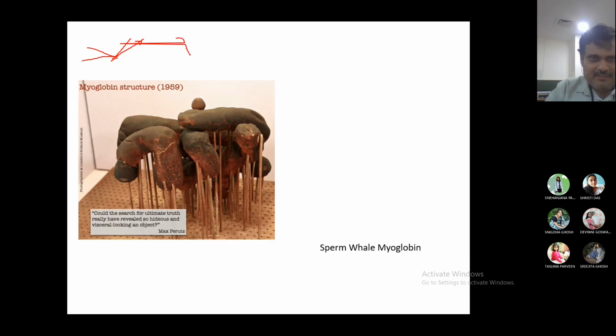They got the electron density map, but its resolution was very poor. So they roughly calculated from which direction the helix is moving, but the finer details of the helix did not come into being. So that gave rise to this kind of a complex structure.